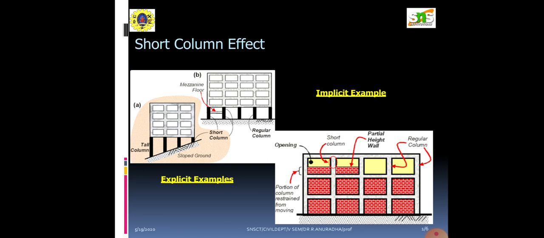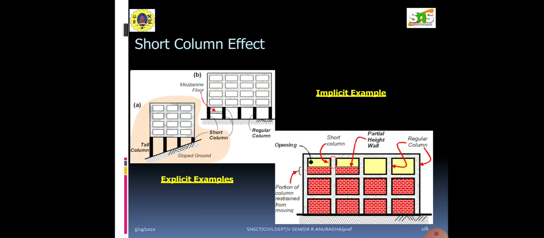In the second picture, you can see regular columns, but in between there is a mezzanine floor, a loft-like low roof structure.